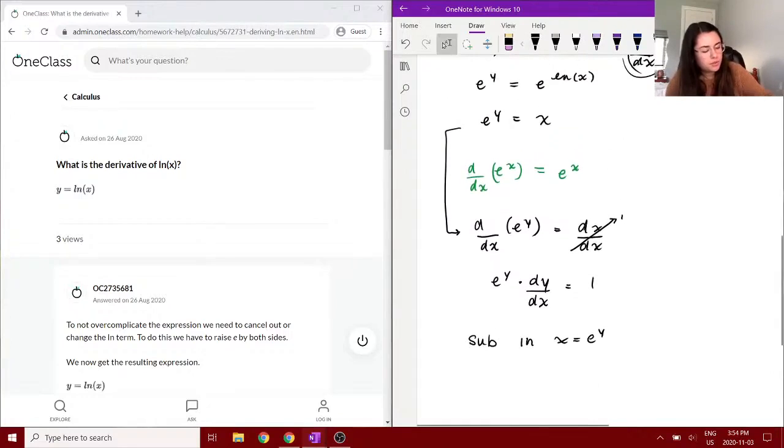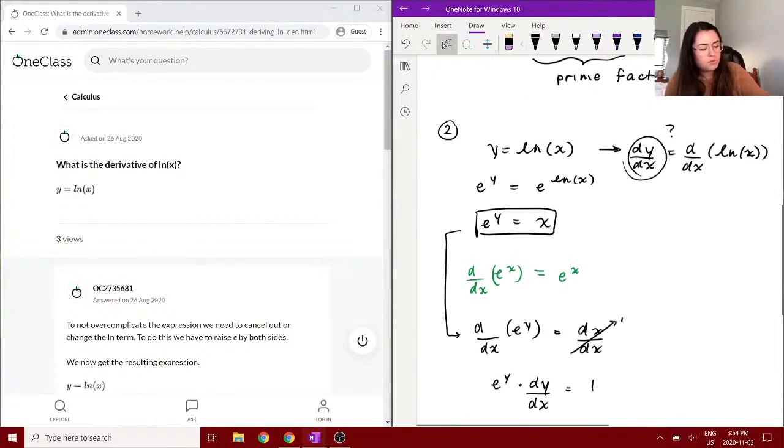Up here, remember we rearranged our original equation of y equals ln x. We rearranged it so that it was in an easier form, right?